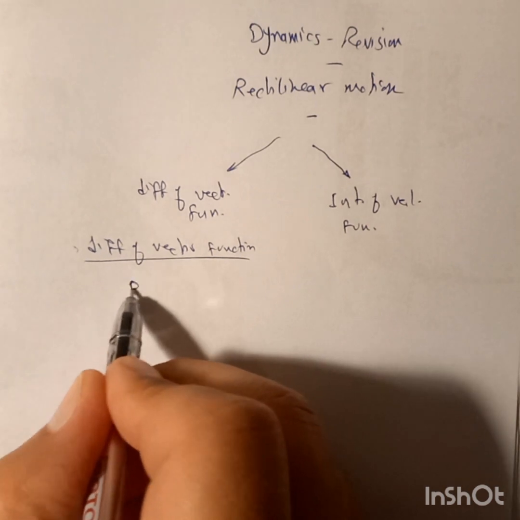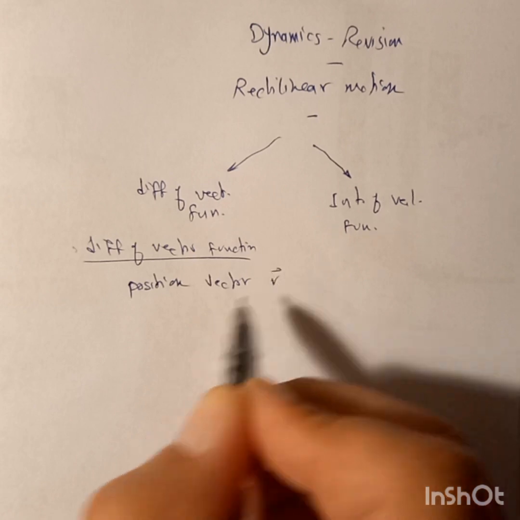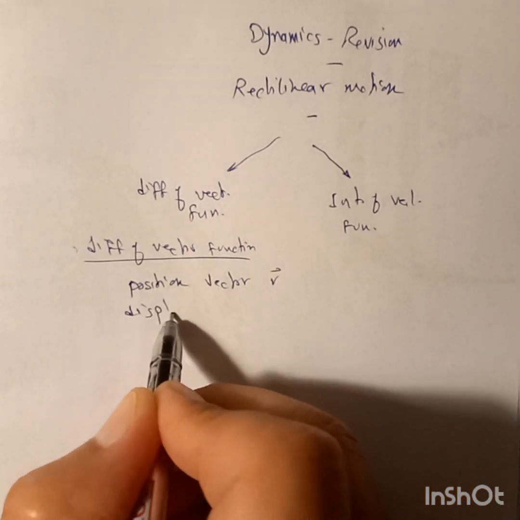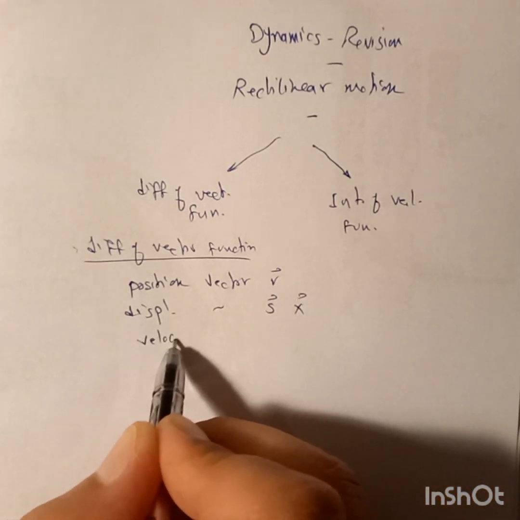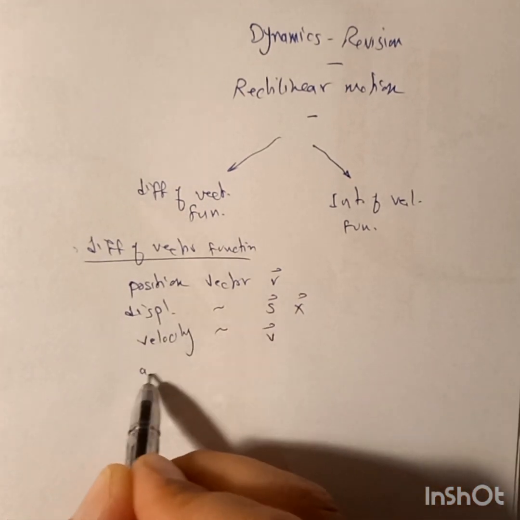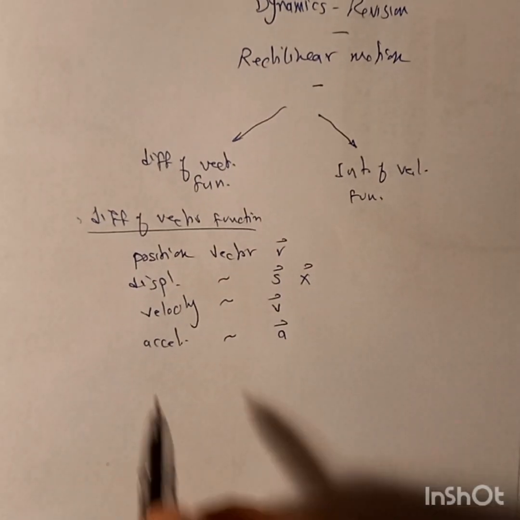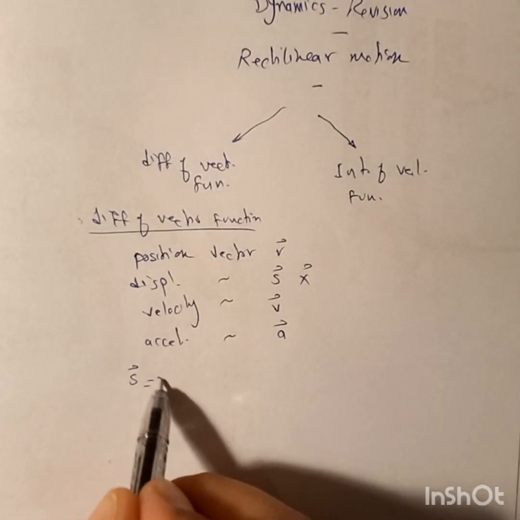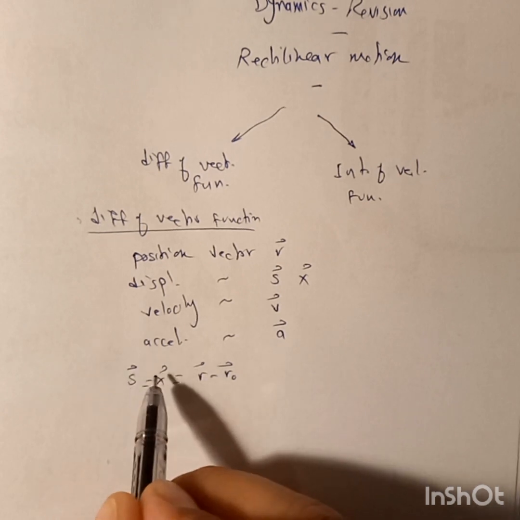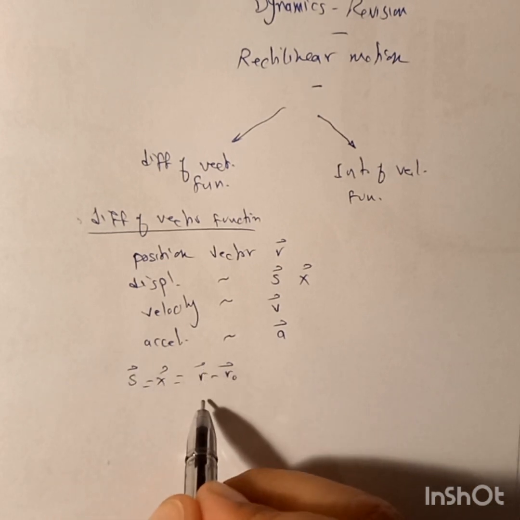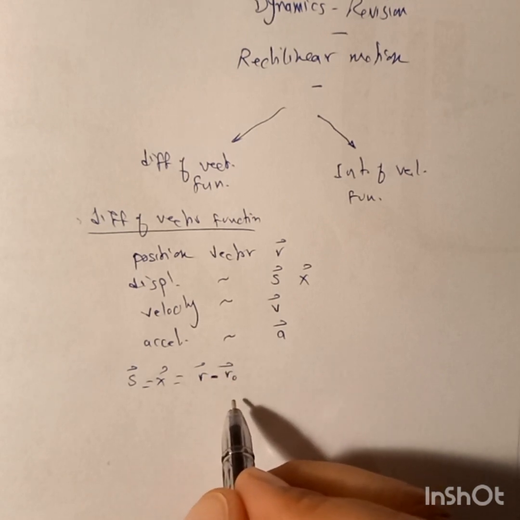We have the position vector, denoted by R, and we have the displacement vector as S or X, and we have the velocity vector V, and the acceleration vector A. First, the displacement S or X equals R minus R naught, the position vector after time t minus the position vector at the start of the motion of this body.